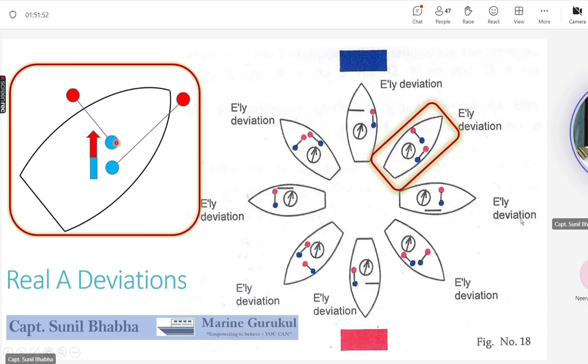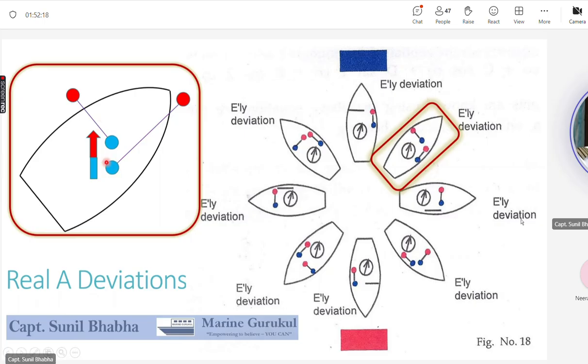The blue pole is generated in the longitudinal as well as the beam, and this is the pole which is closer to our compass. The red poles generated are far away from the compass. So blue poles are the ones which are going to affect our compass. Now the blue pole of the athwart ship beam is closer to the red end or the north end of the compass, and it is going to attract the compass towards it.